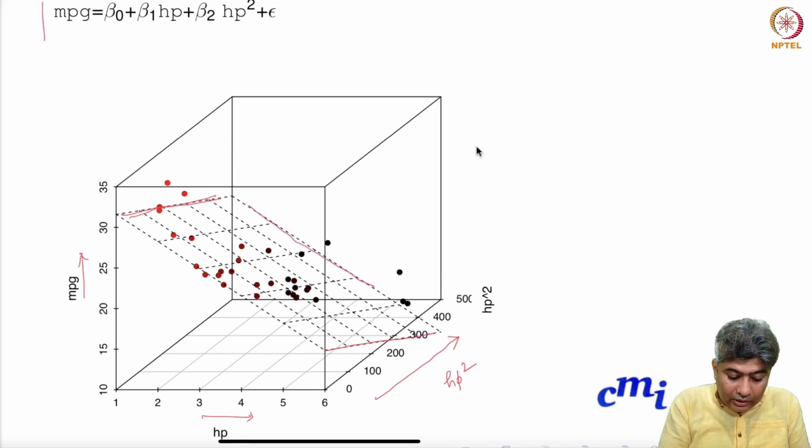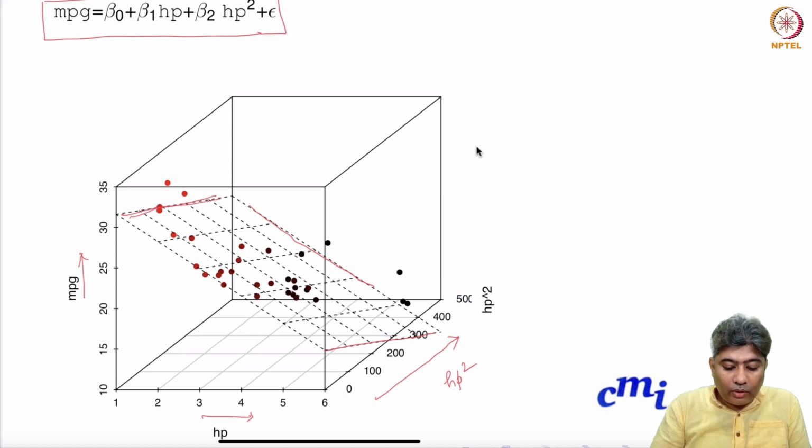This model is a 2D plane in 3 dimensions, but quadratic in 2 dimensions. And we achieve this by engineering this new feature.